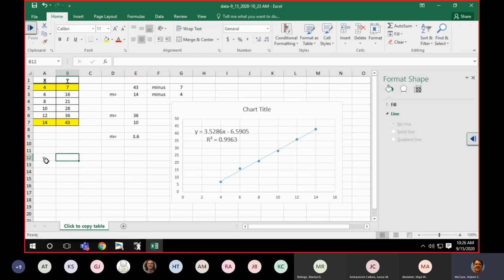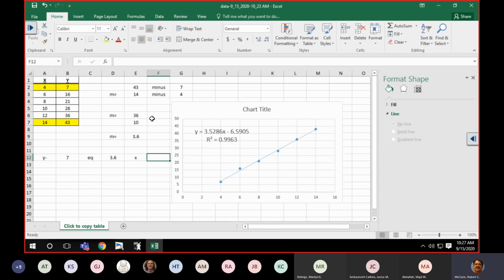And y minus y sub 1 is equal to M times x minus x sub 1. So that's 3.6x, and then 3.6 times 4. Somebody give me 3.6 times 4, please.